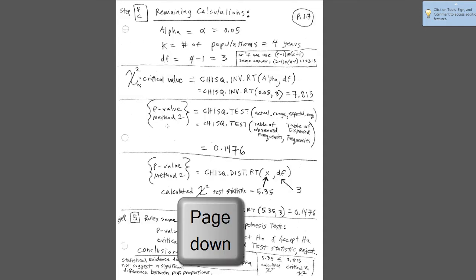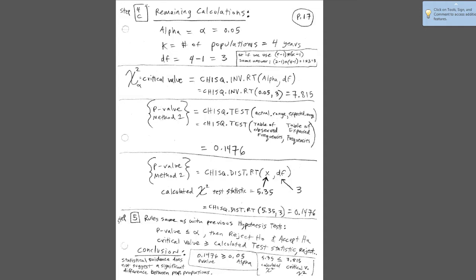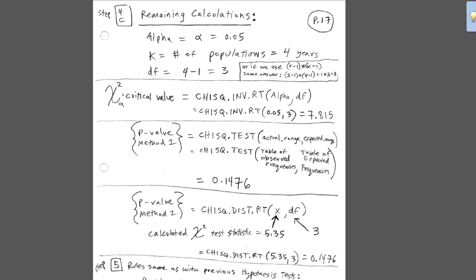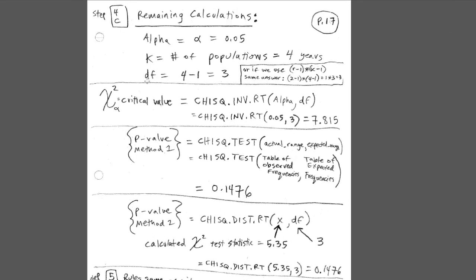If I page down, we're actually going to have 4C, which is some more calculating. There's our alpha. K is the number of populations. We need our degrees of freedom. And we only have 2 categories, so we simply take K minus 1. Our chi-squared critical value. Oh, look at that. There's a chi-squared function.